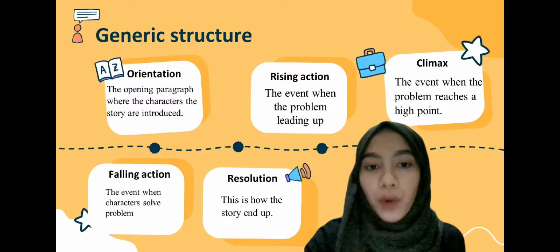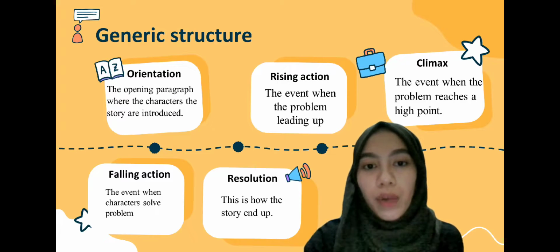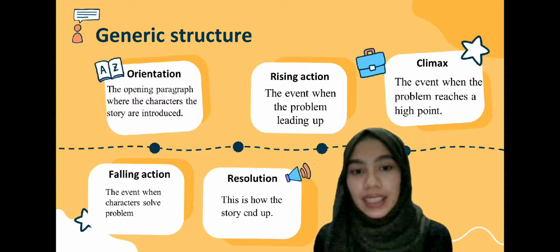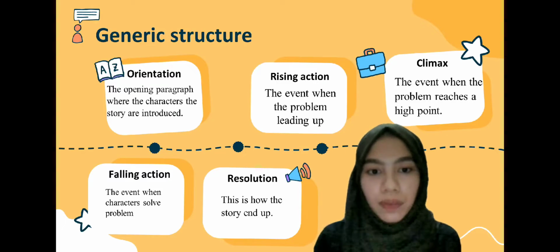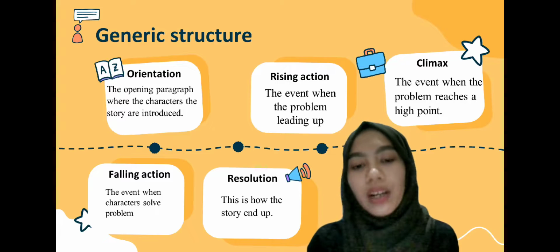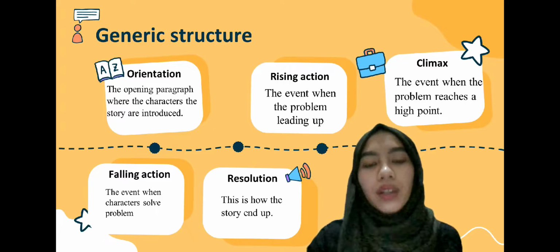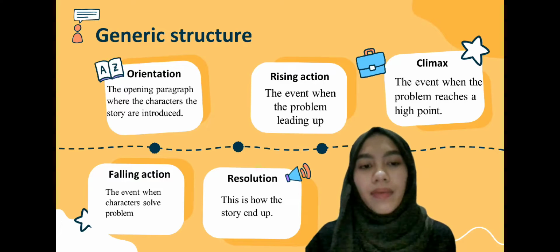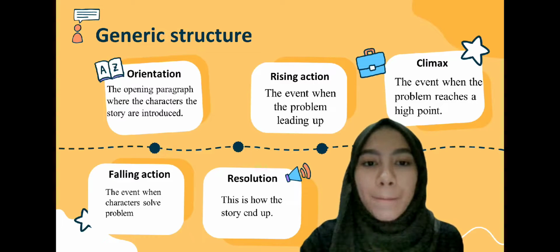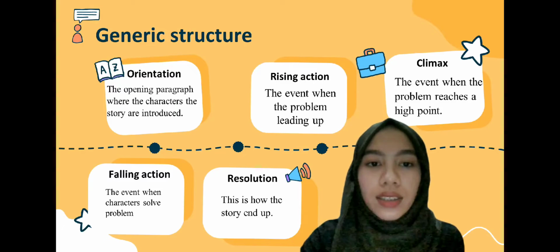The falling action follows the climax, or the moment of peak tension in the story. The opposite of falling action is rising action, as I told you earlier, which occurs before the climax and in which the story's main conflict unfolds and the tension builds.